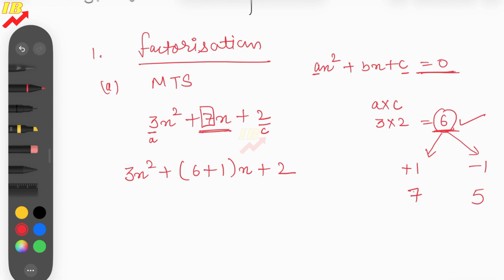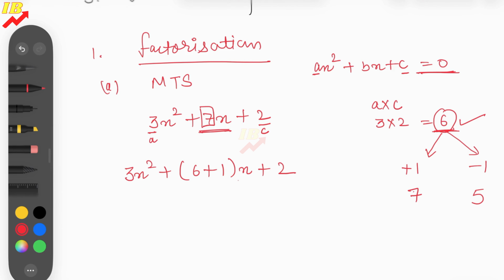So this is how we are splitting the middle term. You have to factorize it. You take the multiplication of a and c and then check whether you're getting the same answer by factorizing it, or if you're getting one plus or one minus number for your multiplied number, then you can do it in this way, right?